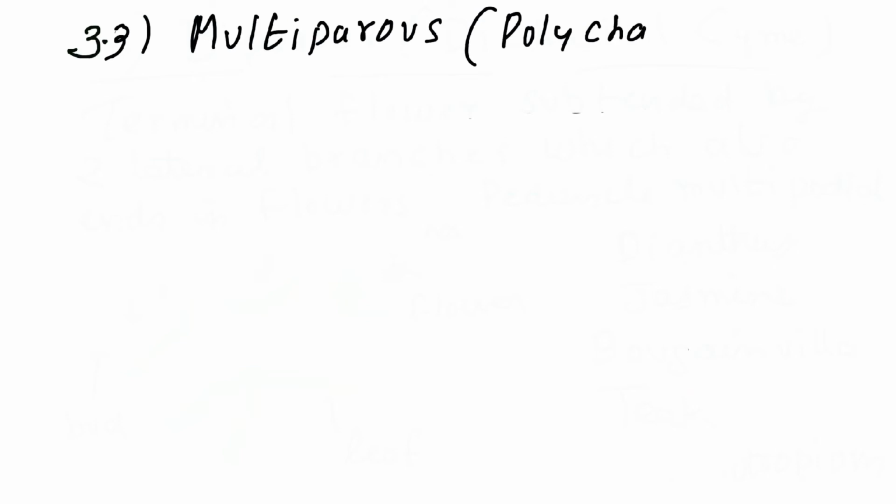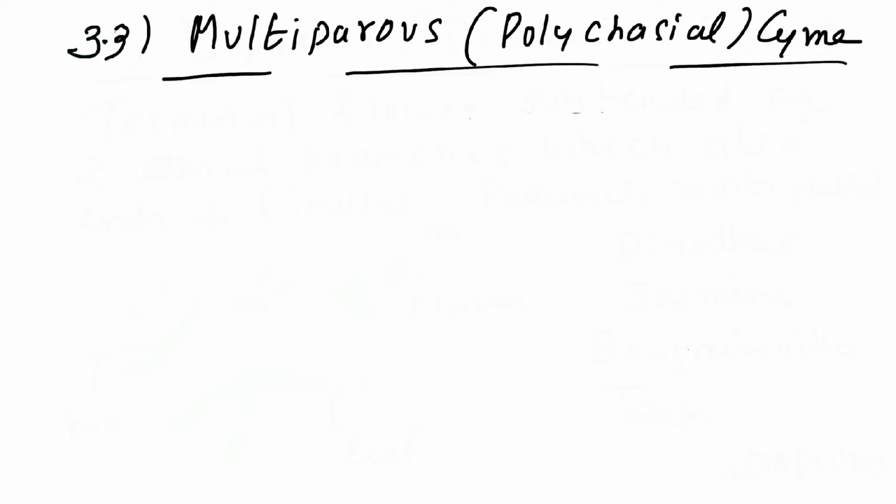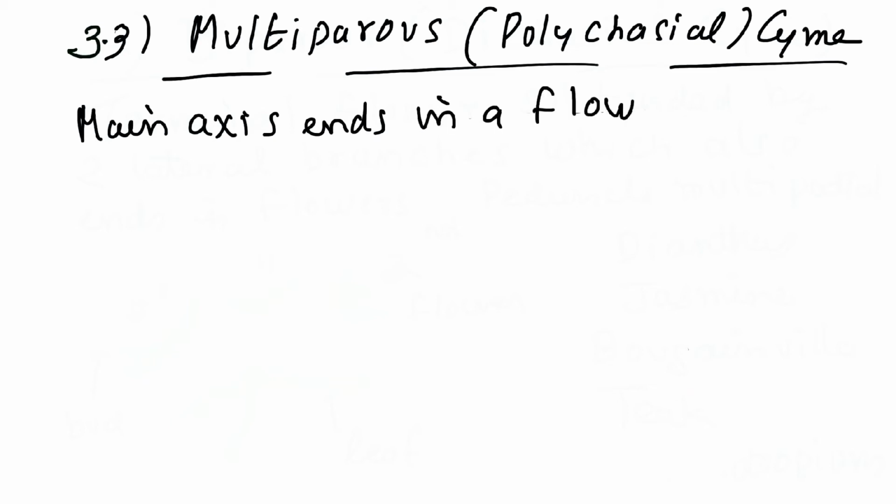Now, the wording itself indicates how this division of cyme is different from the monochasial as well as the dichasial cyme. So what is the key point? Here the main axis ends in a flower, and there are more than 2 lateral branches which continue the growth of the inflorescence.